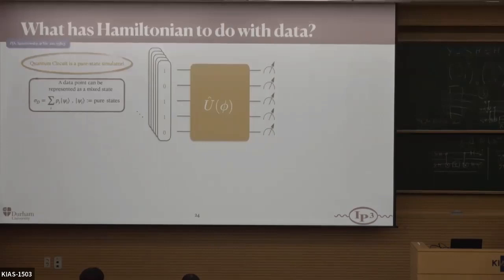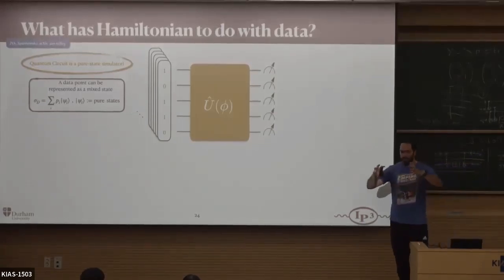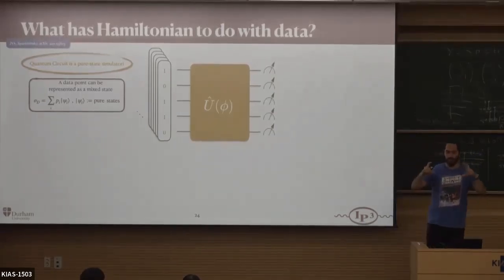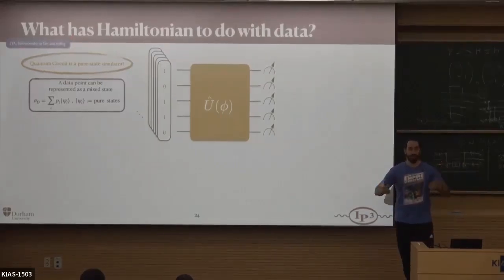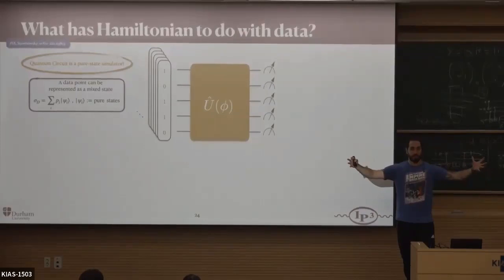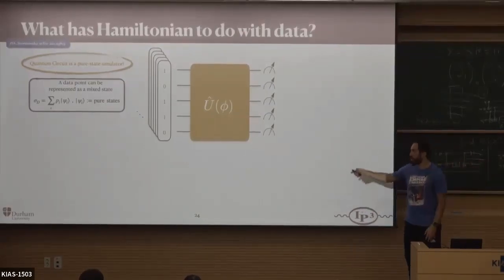Since I'm trying to get the probability distribution, I need to get the density matrix of my data, okay? But I cannot simulate this on a quantum circuit because it's just simulating a pure state. So what I'm going to do is imagine that I have the information for a single image of the probability distribution of every single pixel to be 1 or 0. So what I can do is sample from my image and create a gigantic sample of ones and zeros.